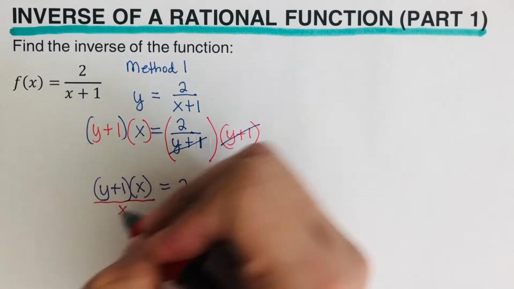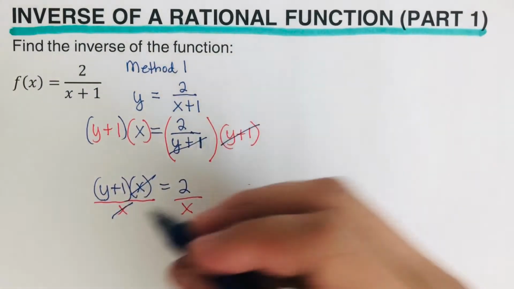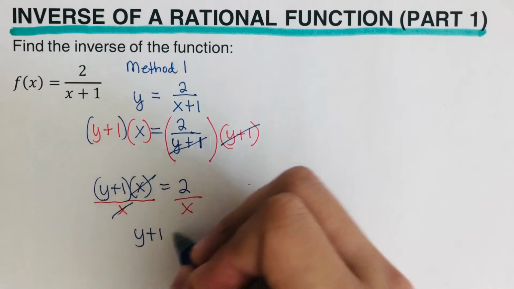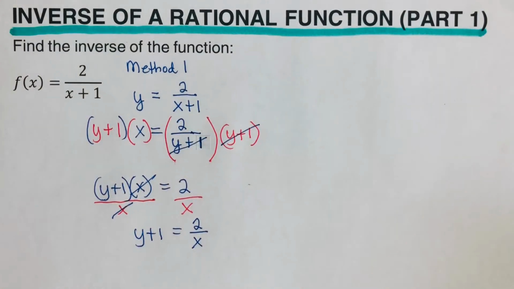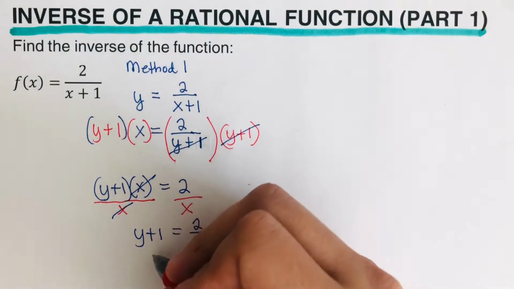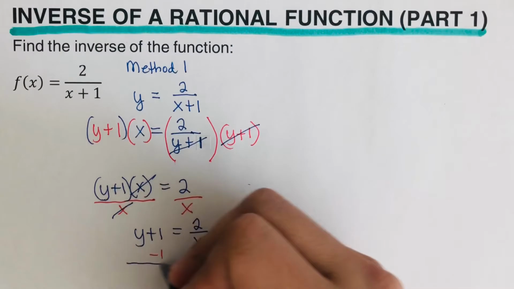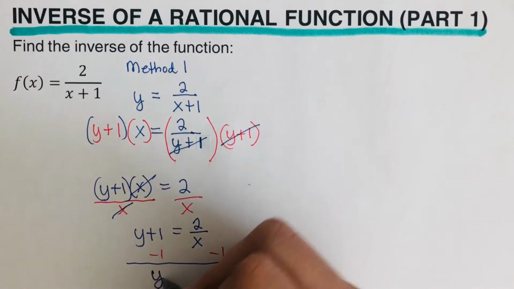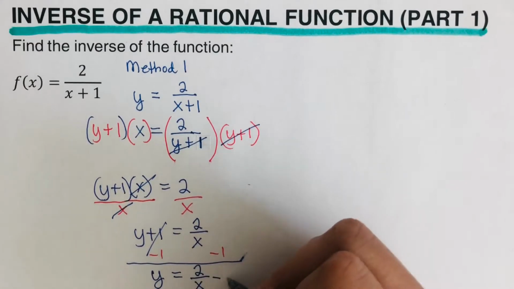So then we can cross this out. We're left with y plus 1 equals 2 over x. Again, we want y by itself, so we are going to subtract 1 from both sides, minus 1. So then we are left with y, we can cross this out, y equals 2 over x minus 1.